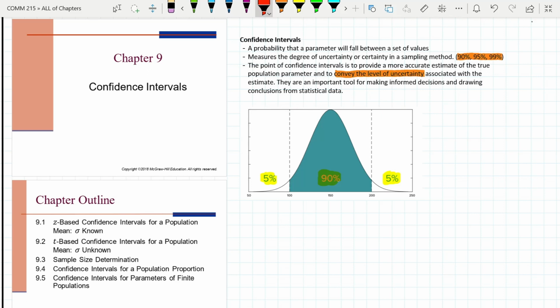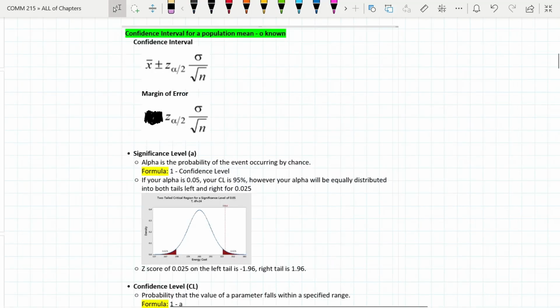So that would mean that if anything lands in this area under the curve, these areas on the curve, we would consider those by chance or a mistake, and that is something that we want to avoid. So I'm going to explain it later on in the chapter, but just for a brief summary of what you will learn.